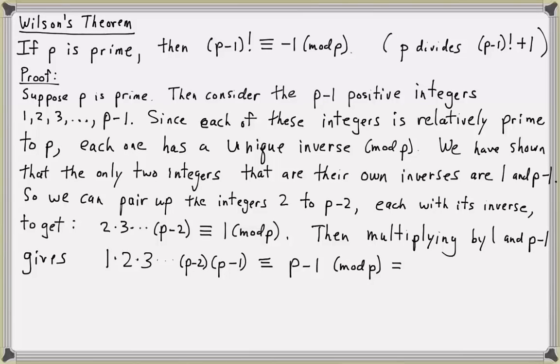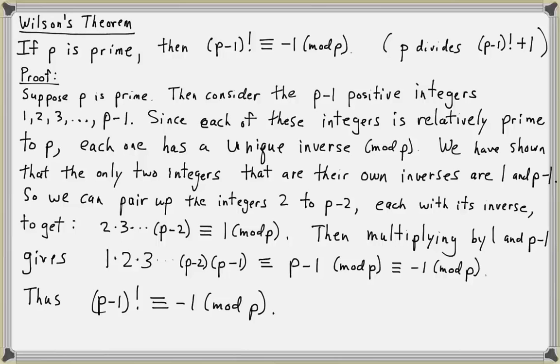But this is congruent to negative 1 mod p. So when we look at this, we see that p minus 1 factorial is congruent to negative 1 mod p. And that finishes the proof of Wilson's theorem.